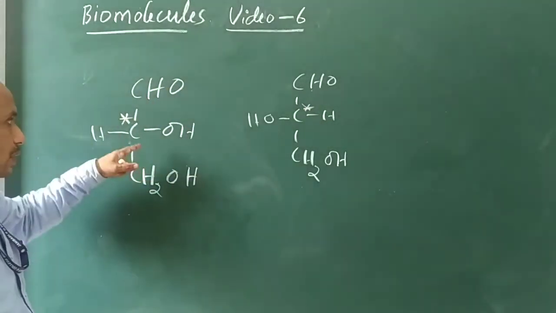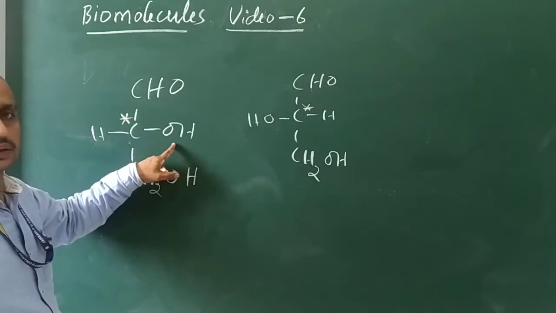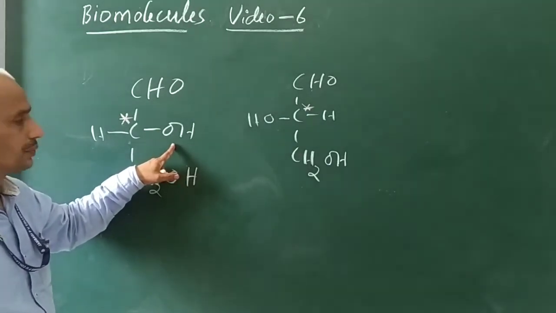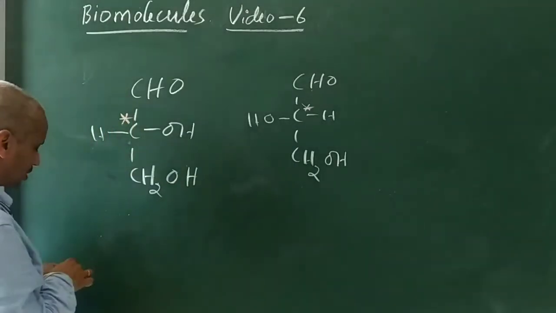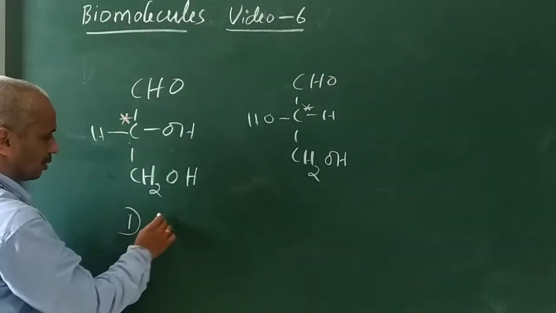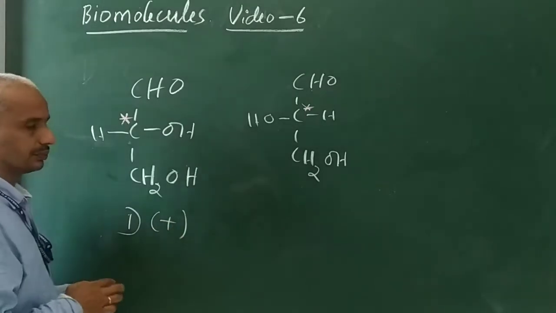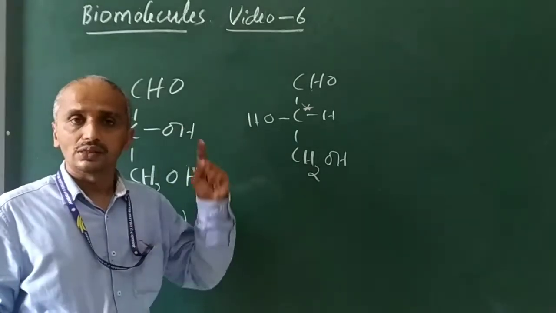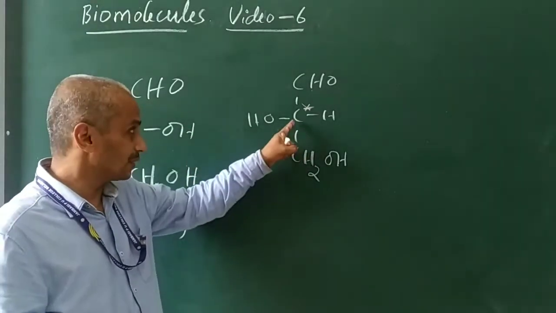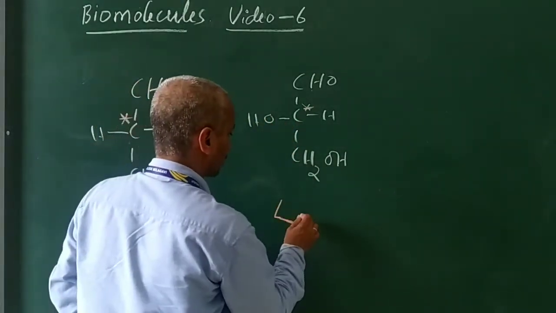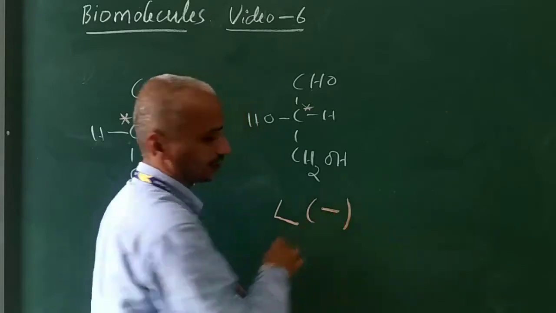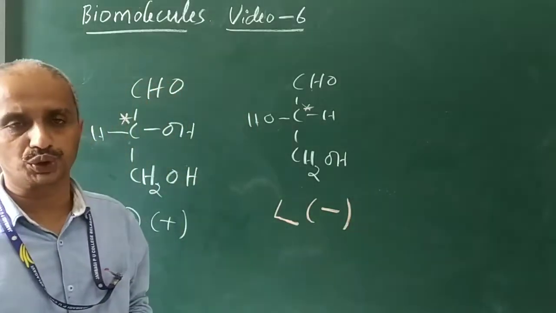In the last chiral carbon, if the OH is on the right side, then it is represented with the symbol D, or I can write it with the plus also. Whereas if, on the final asymmetric carbon, the chiral carbon, the OH is on the left side, then it is represented by L or minus. Don't get confused.